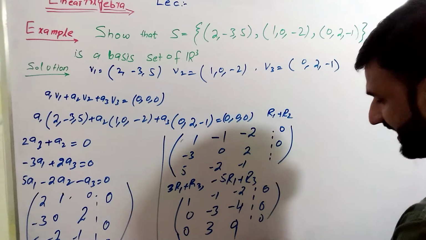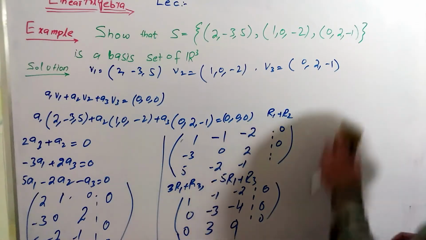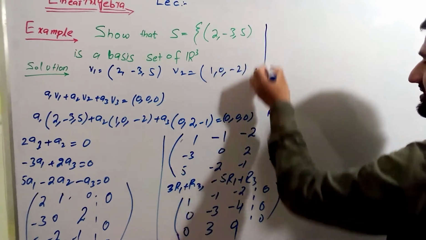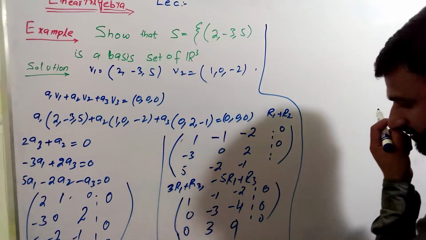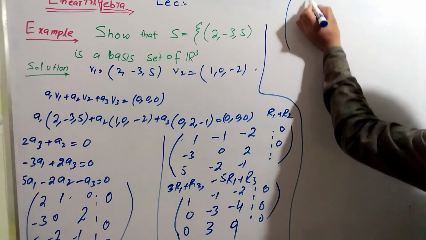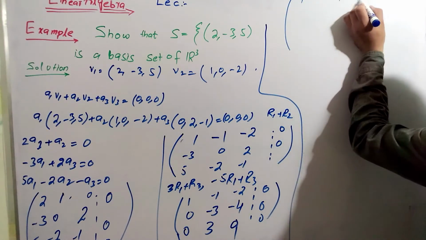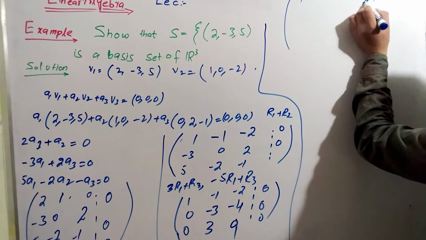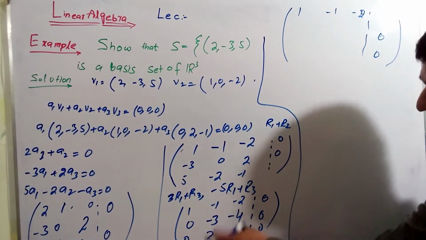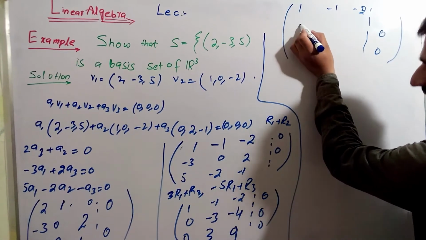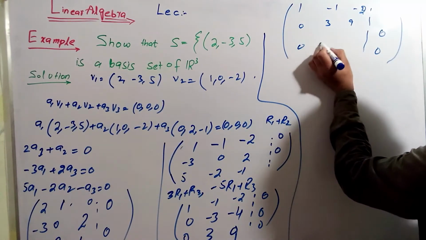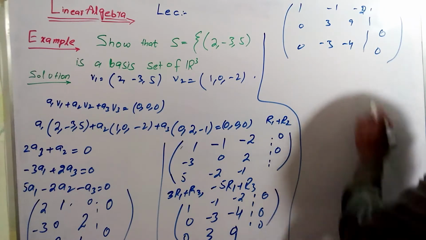So you have some values like this. Interchanging R2 by R3, I'm going to remove this side for my calculation terms. So interchanging R2 by R3, you will receive the matrix like this way, negative of 2, here will be negative 0 0 0, right? So here it will change, so here is 0 3 9, here is 0, negative of 3 and negative of 4.